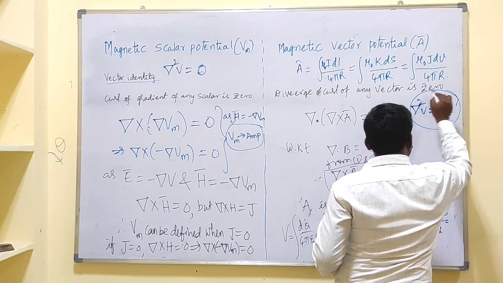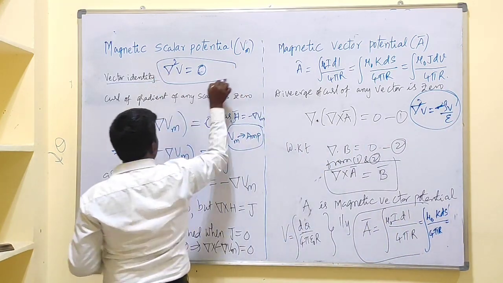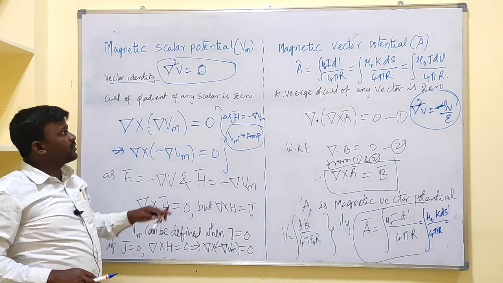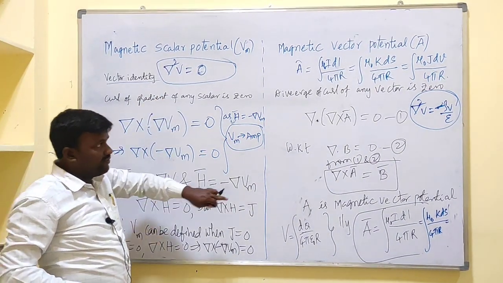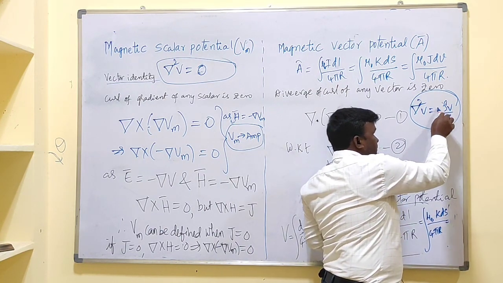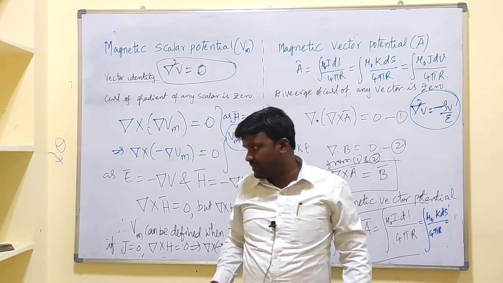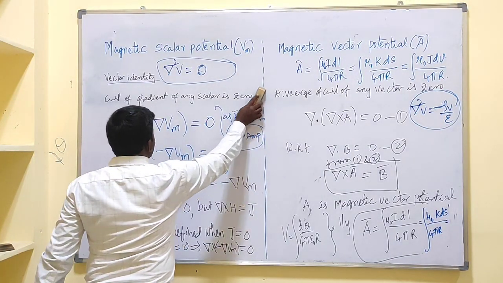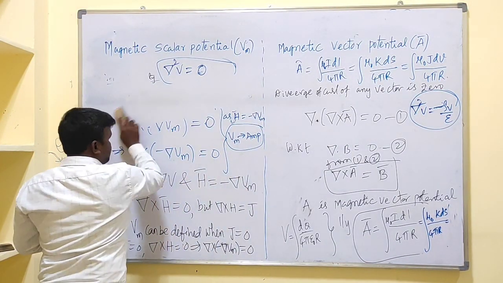Now we will discuss these Poisson's and Laplace equations for our magnetic scalar and vector potentials. Magnetic scalar potential satisfies the Laplace equation, whereas magnetic vector potential satisfies Poisson's equation.